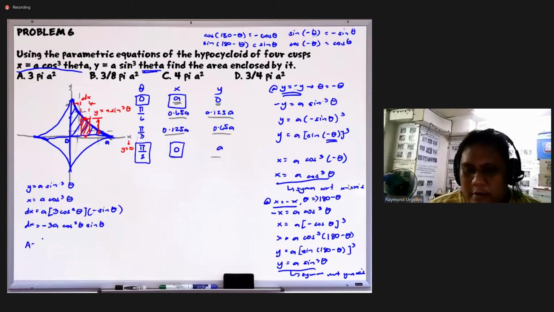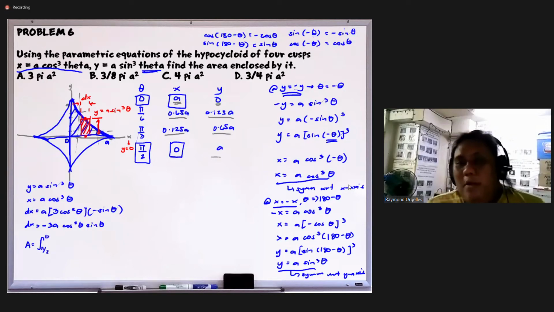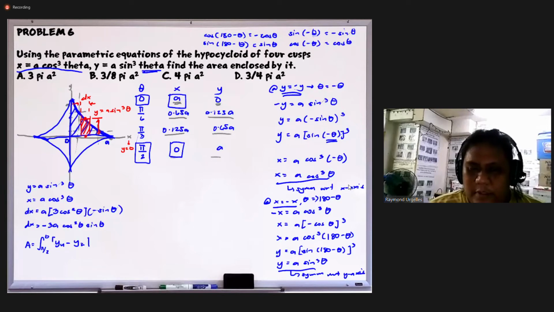So what is our area equal to? The area is equal to the integral, with limits from pi over 2 to 0, of y upper minus y lower, multiplied by dx. What is our y upper?